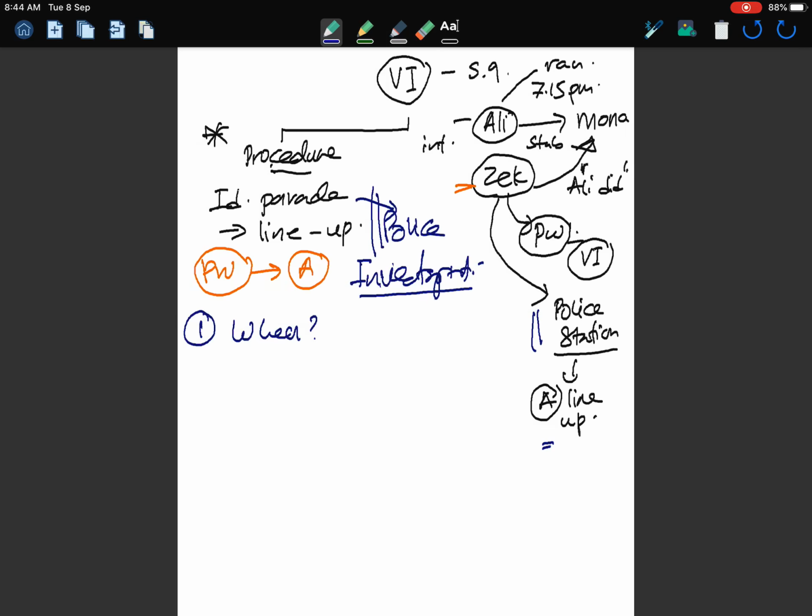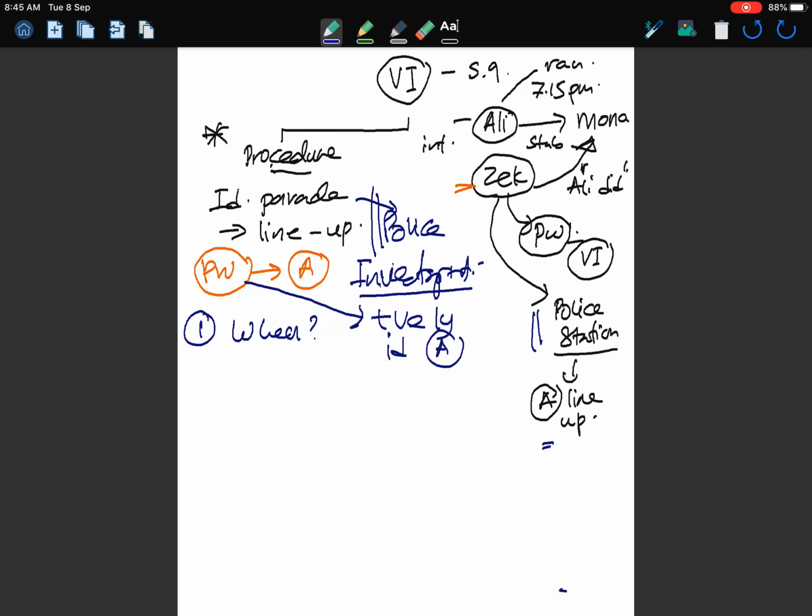So this happens during the investigation stage, and the process of identification parade will be conducted by the police at the police station, right? And this test is very important, because identification parade is normally done for the purpose of preserving the credibility of the witness identification later in the court, right?